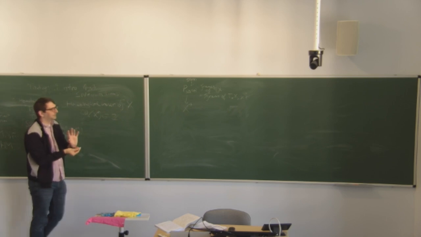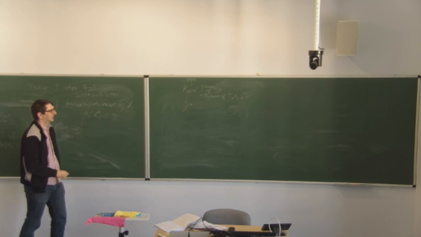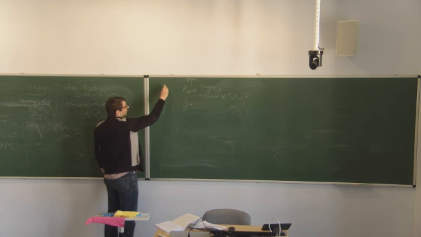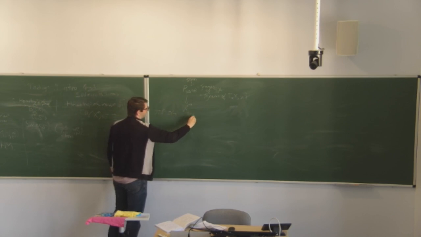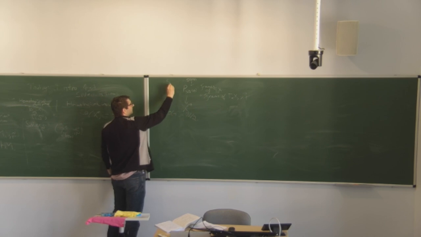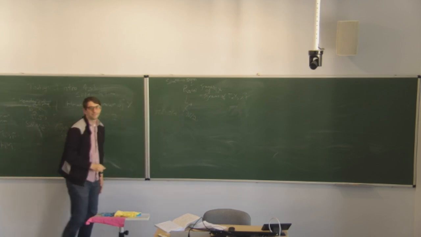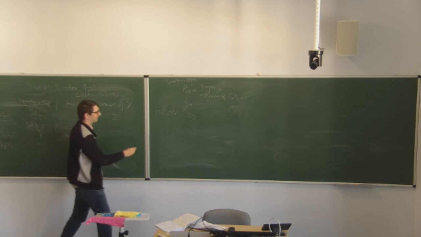So any two frames of the tangent space at a point are related by just a linear transformation. But SO4 is a reasonable group. Pi 1 of SO4 is Z mod 2. And so it has a double cover called Spin 4, and Spin 4 is simply connected.